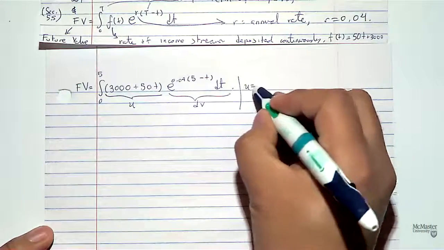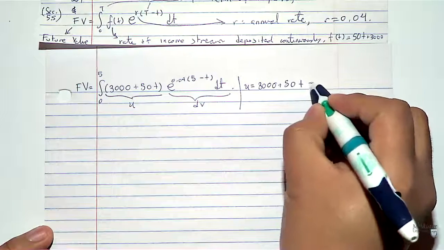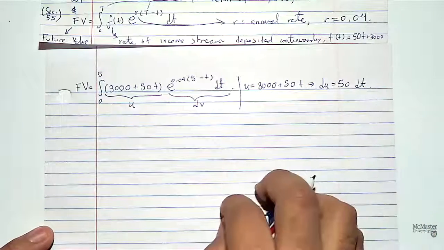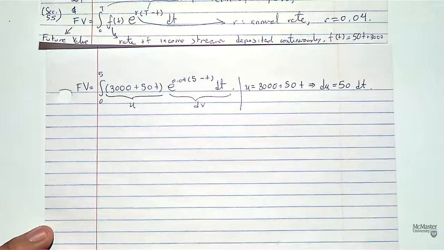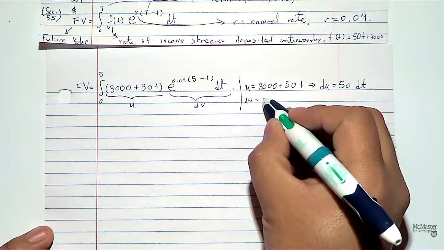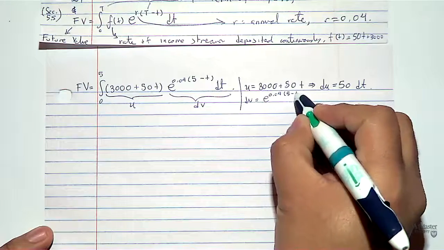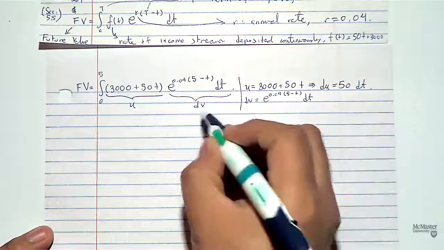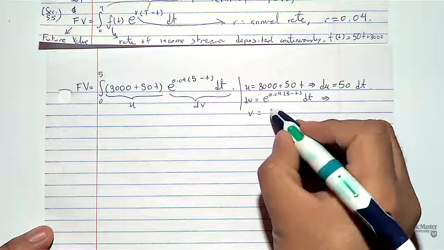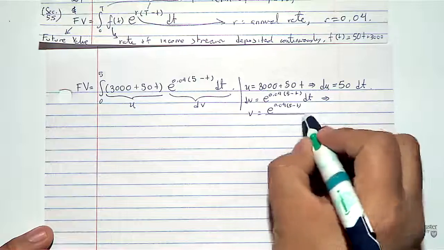If I do the computation, I have that u is equal to 3000 plus 50t. If I take the derivative, this is 50 dt, because I have a linear function, right? Slope is 50. Then I have dB, which is the exponential of 0.04 times 5 minus t dt by choice. So basically I have to integrate. So B would be equal to the exponential of 0.04 times 5 minus t, but I have to incorporate the factor.